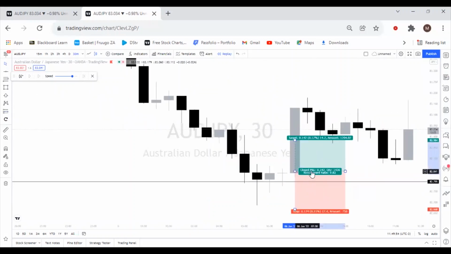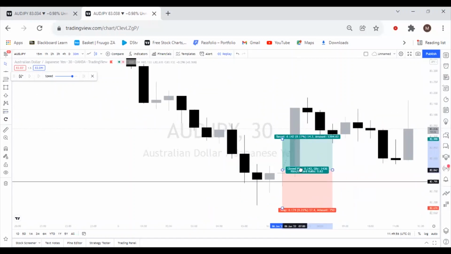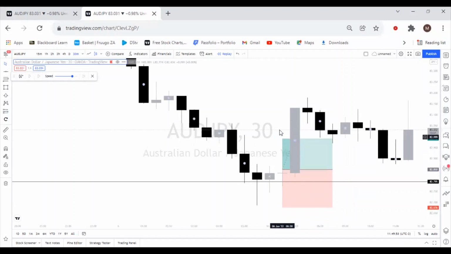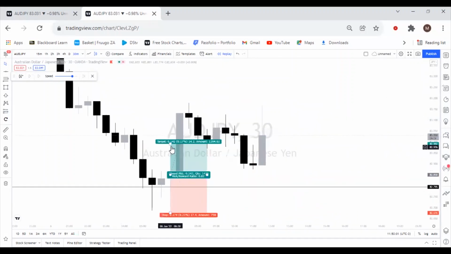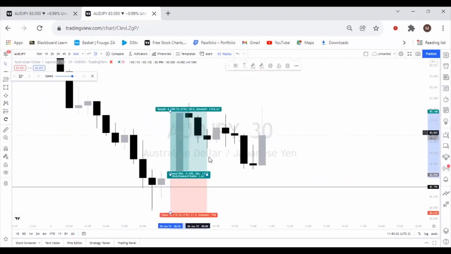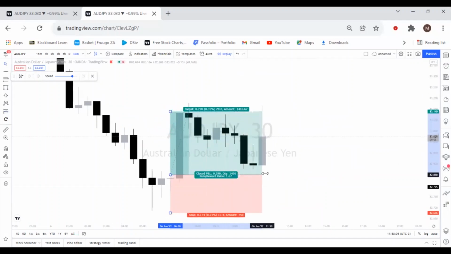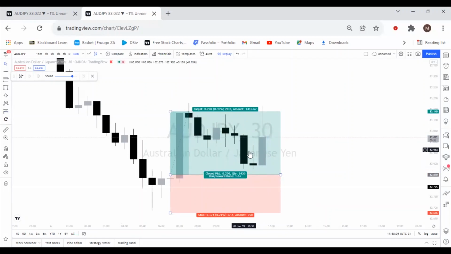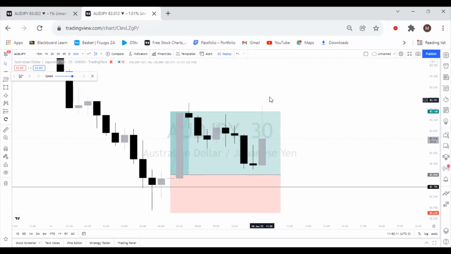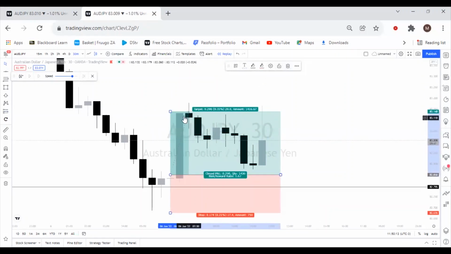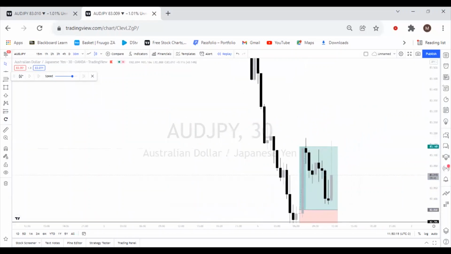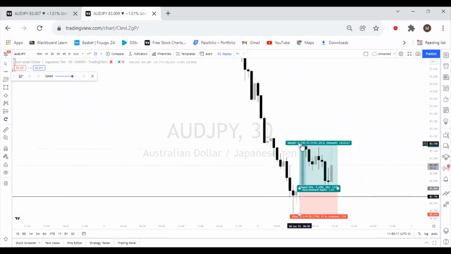So the opening of this candlestick would have been my entry. So right now I'll still be almost at break even, but you can see the price is trying to push back up. So I'm gonna hold this for a while and so on.